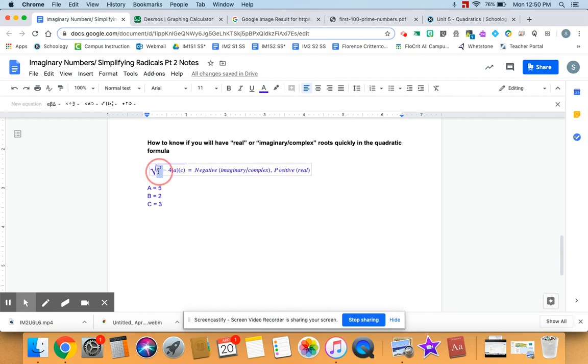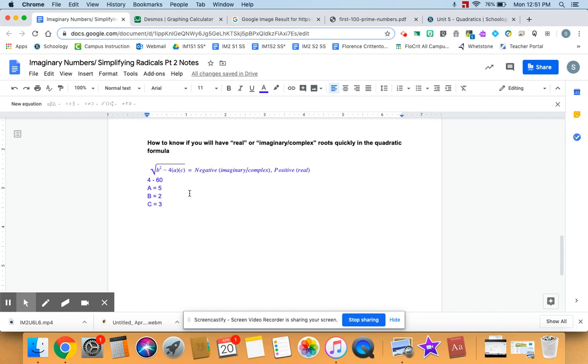So if b squared is just 4 right now, minus a positive, because a is positive, c is positive, 4 times 5 is already 20. Times 3 again, 60. So if I'm just going to do 4 minus 60, definitely going to be negative. It's going to be imaginary / complex roots because this b is so small and I am minusing bigger numbers when they get multiplied. 4 times 5 times 3 is just going to be a lot more than what b squared is.